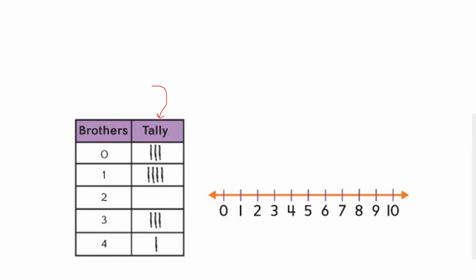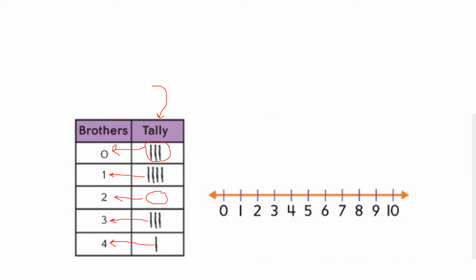So I asked a bunch of people how many brothers they had. 3 people said they had no brothers. 4 people said they had 1 brother. No one said they had 2 brothers. 3 people said they had 3 brothers, and 1 person said they had 4 brothers. So how can I show this on a line plot?